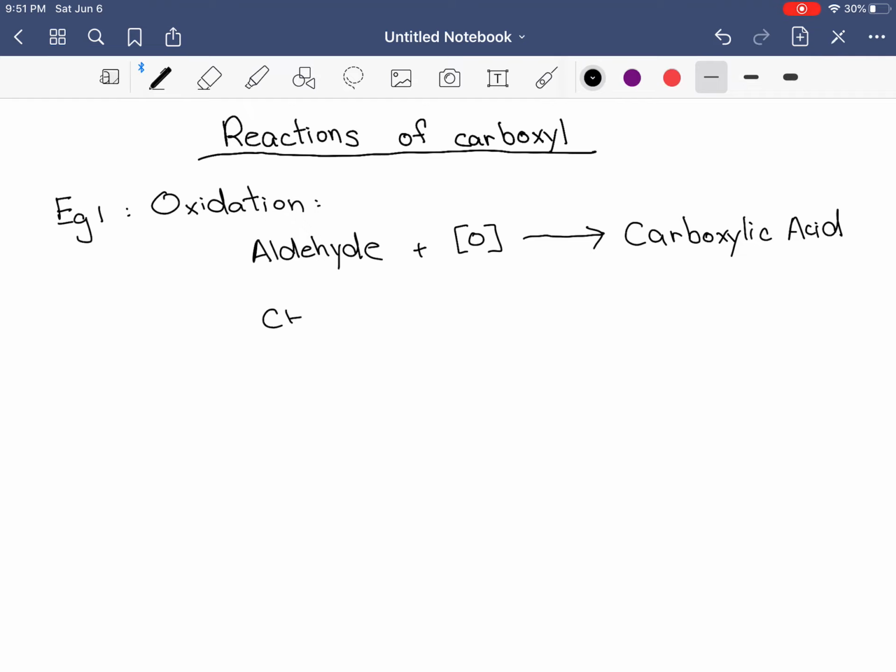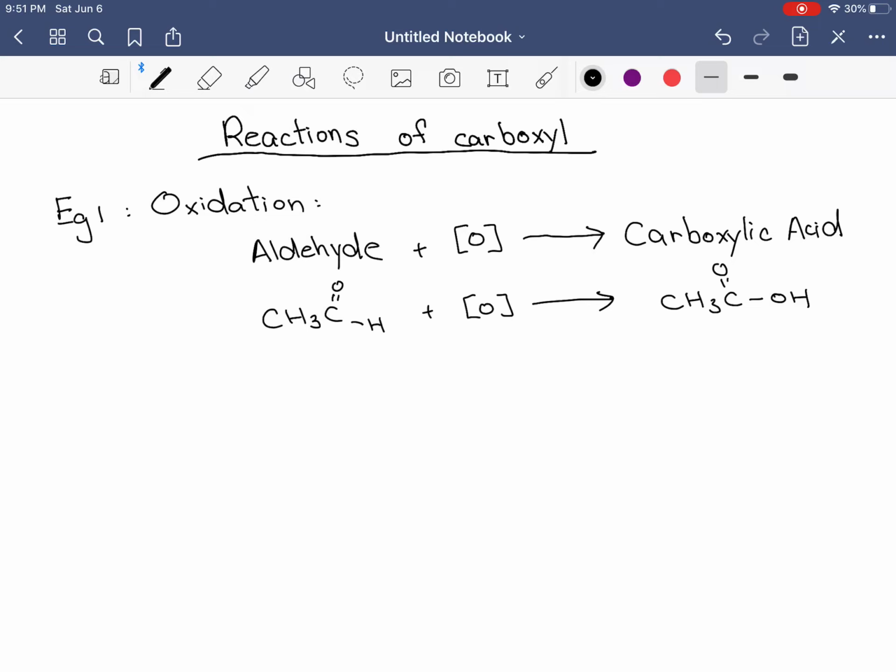What I have here is ethanol. By oxidizing ethanol, what you're going to get is a carboxylic acid, ethanoic acid.